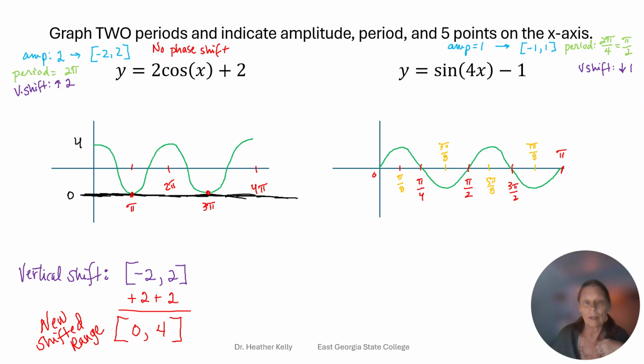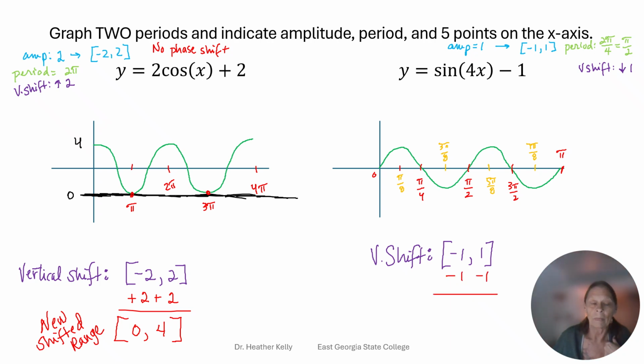So there that is. And then what we need to do is we need to handle that vertical shift. The vertical shift here is down 1, so we start off with our negative 1, 1, and just like over there we added 2, here we're going to subtract 1. So this is going to go from negative 2 to 0.